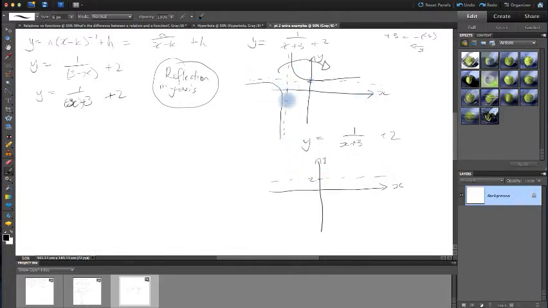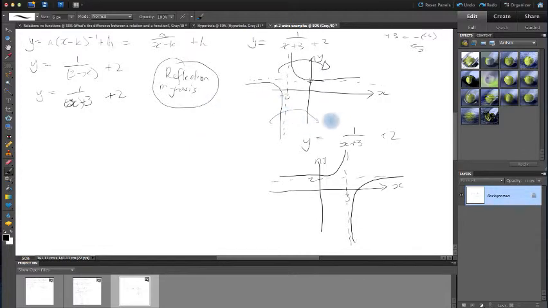However, this vertical asymptote will be reflected in the y-axis, so it'll take it from negative 3 to positive 3. And this part of our hyperbola will be reflected in the y-axis, so that will be doing that. And similarly, this part will be flipped over as well, and so it will be doing this. So there we go, reflection in the y-axis.